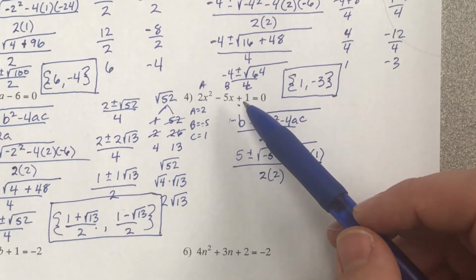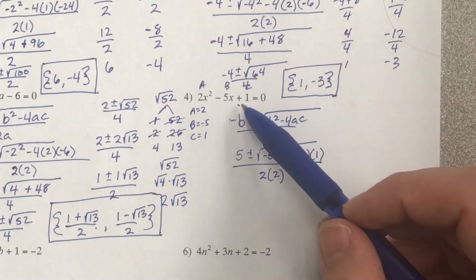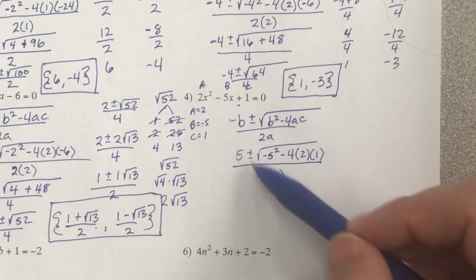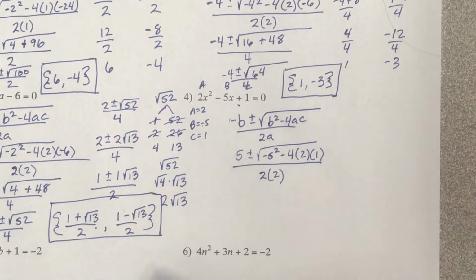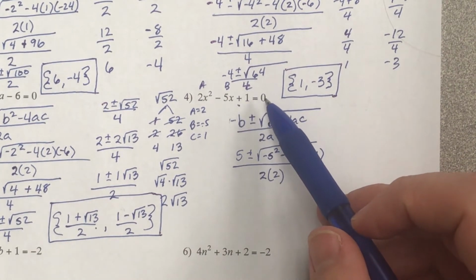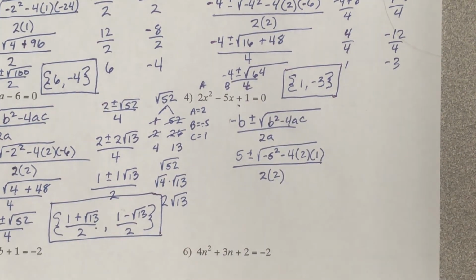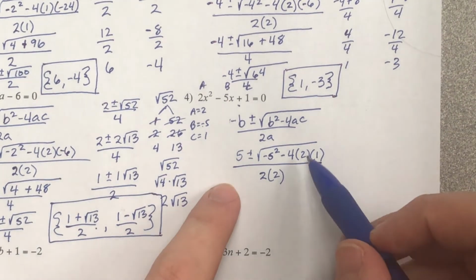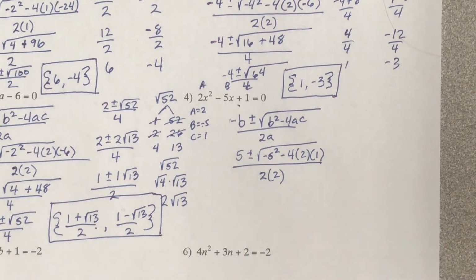So you would absolutely have to solve this with the quadratic formula. Or you could move the 1 over and then try completing the square if it creates a perfect square trinomial. But we're with the quadratic formula, just feeding you some information there.